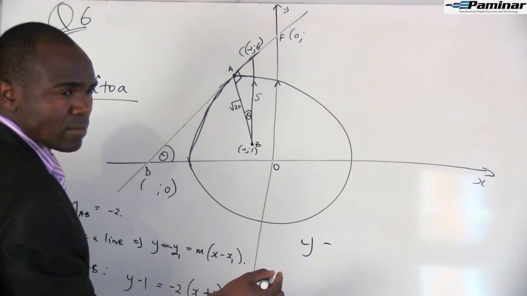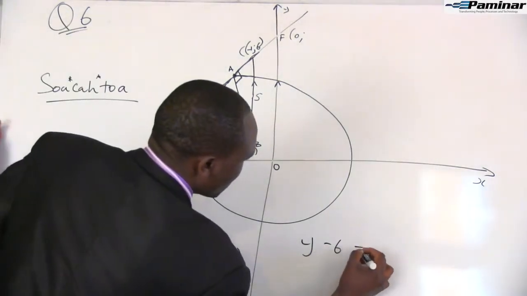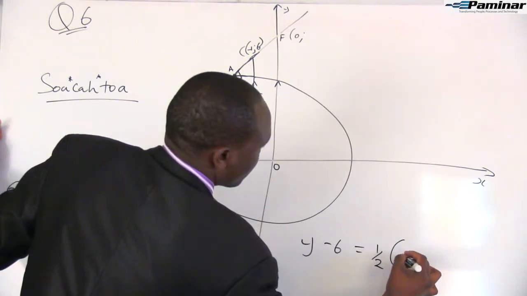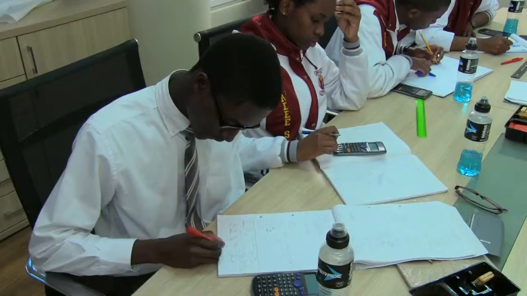Let's just give it to first, because I said y minus 6 is equal to half, open bracket, x plus 1. Yes.